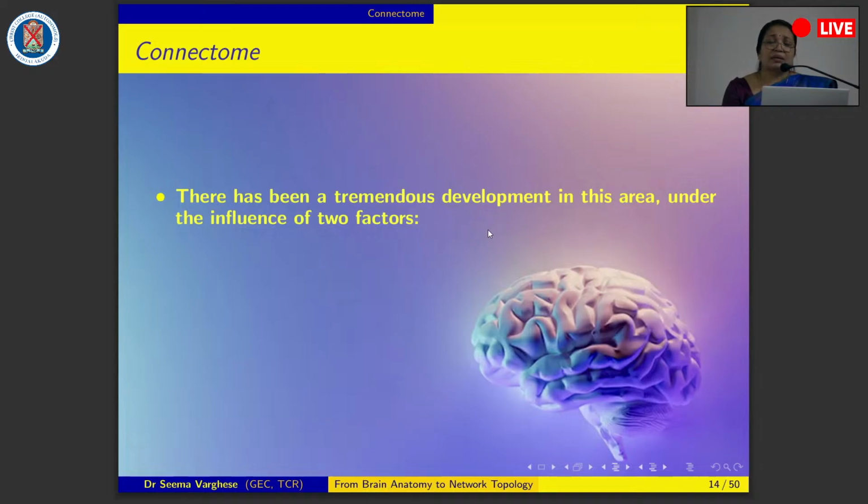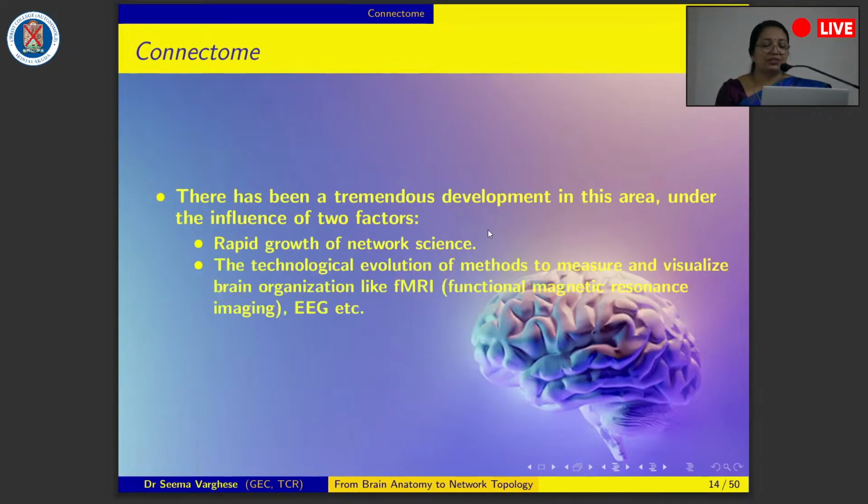There has been tremendous development in this area because of two factors. First one is the rapid growth of network science, that is graph theory. We have a rigorous theory, so many tools, so many graph metrics, and graph theory has developed tremendously these days. And the other factor is technological evolution to measure and visualize brain organization.